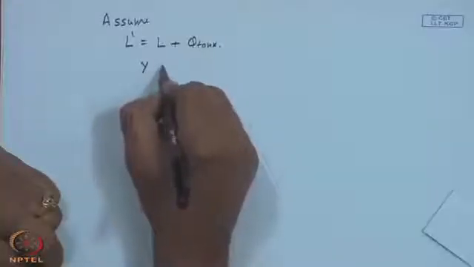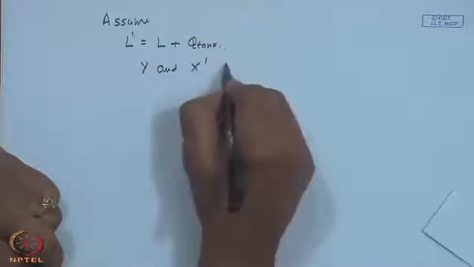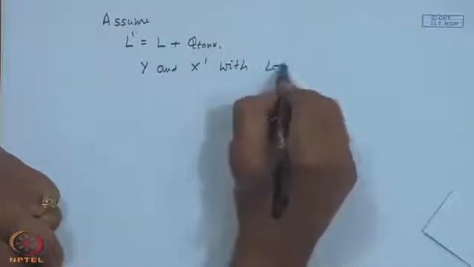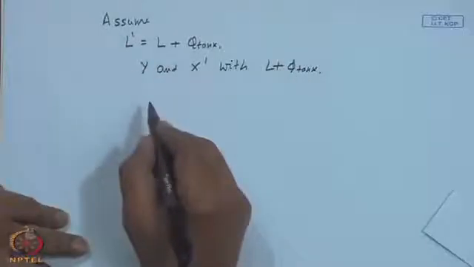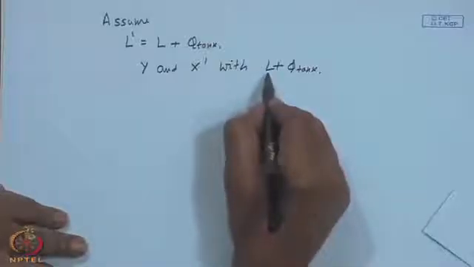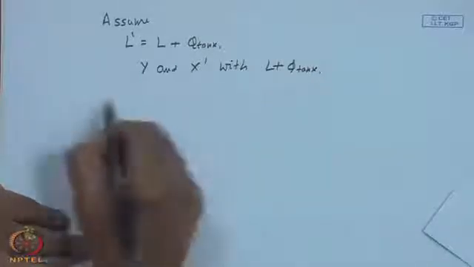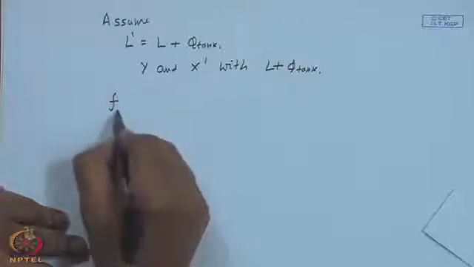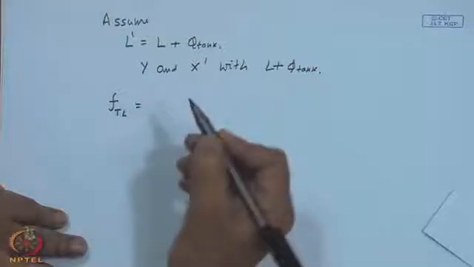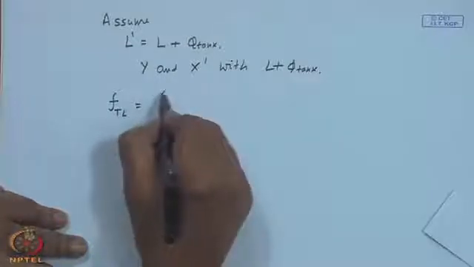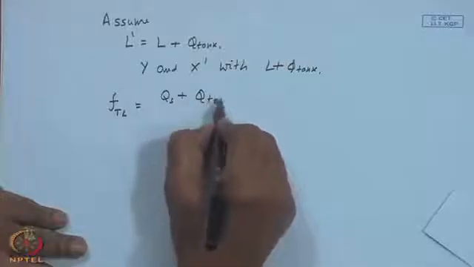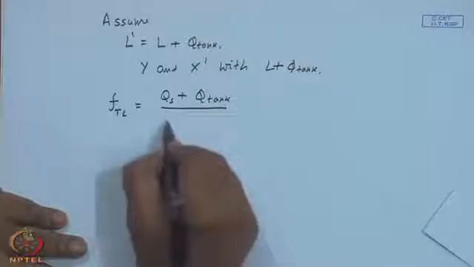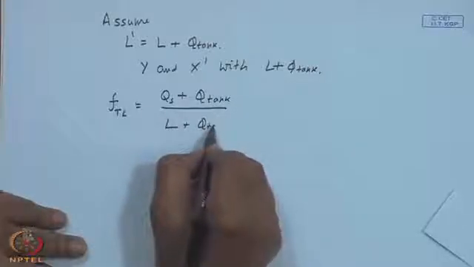So, if I calculate my Y and X dashed with L plus Q tank, I do not want to complicate it unnecessarily calling L 1, L 2, L 3 etcetera. So, it is the actual load on the system plus the loss from the tank. I will get the solar load fraction, but I shall qualify it as F T L, that is inclusive of the tank losses. So, what I will get is Q s plus Q tank by L plus Q tank.